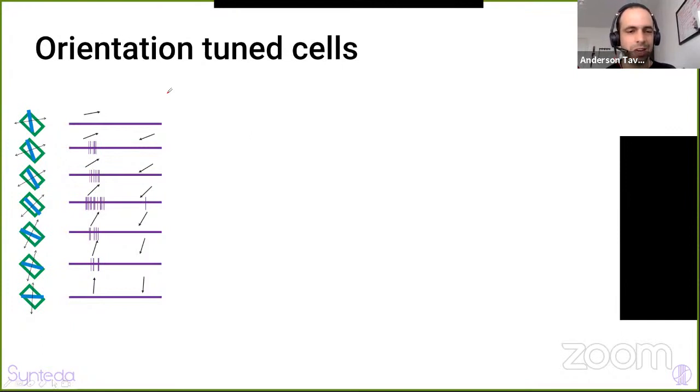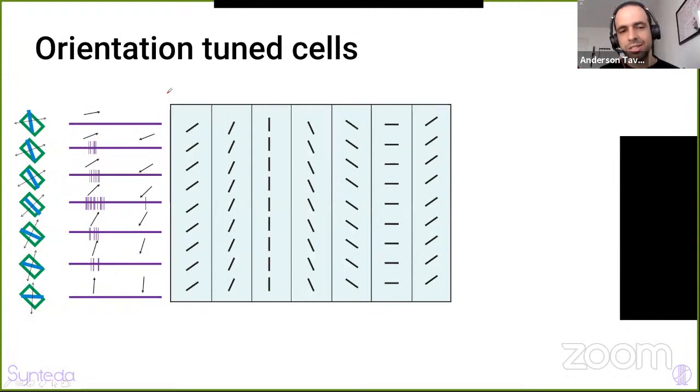This is interesting. We have some cells that are tuned to detect orientations in the edges. And also, if we look at the neighboring cells, we see that they detect similar orientations. It's an interesting arrangement of cells in our brain.